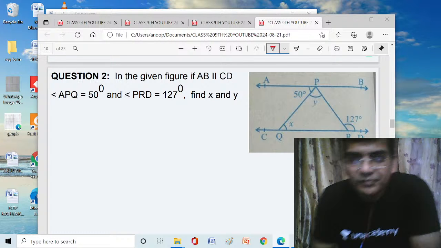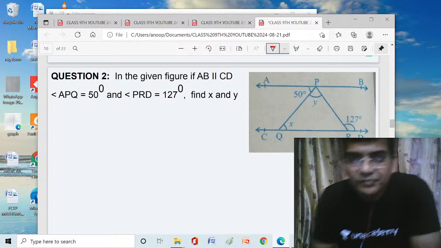Now first of all, if you see this angle X, it is interior alternate. See, these two angles are interior alternate angles, so we can say they will be equal. So what I will do, I will mark this angle in the figure as A. Though it's not given, but I will mark it as A. So remember, whenever you are doing such questions, you must draw the figure in your examination sheet.